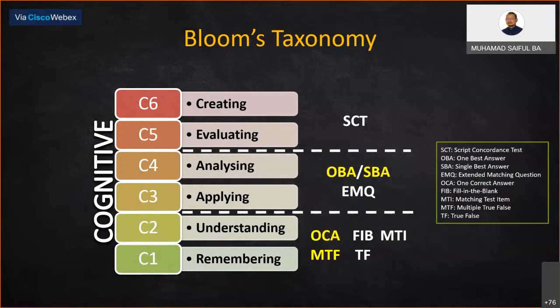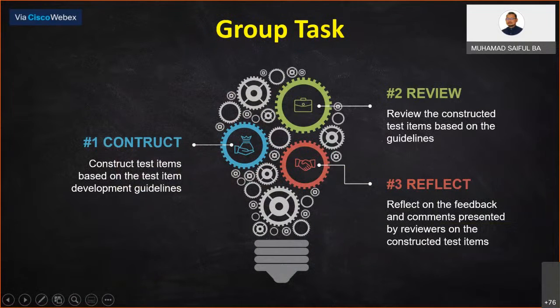So basically my plan is for you to construct a few questions, but maybe I skip that because we already discussed this. My plan, basically you construct, and then after you construct, we review your test item, and then we reflect. But because of the time, I think maybe we can just continue with the next thing, because in a way I believe you know how to construct already.